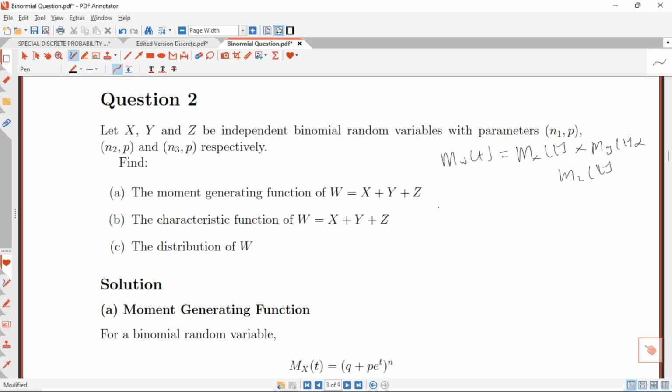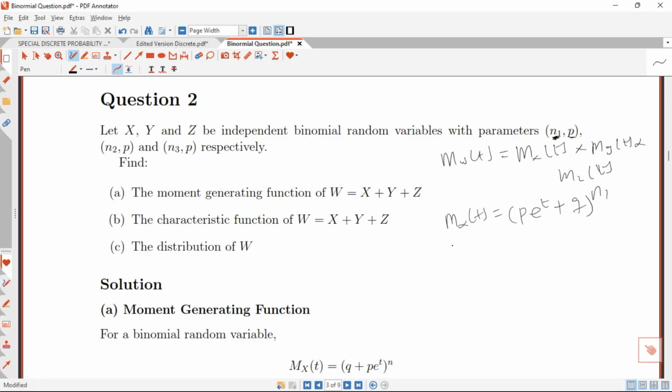We already know our p here, and here is n1. So we are going to get (p e raised to the power t plus q) all raised to the power n1. Instead of n, we use n1 because here we have n1 to be our n.